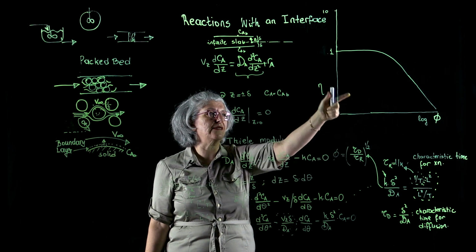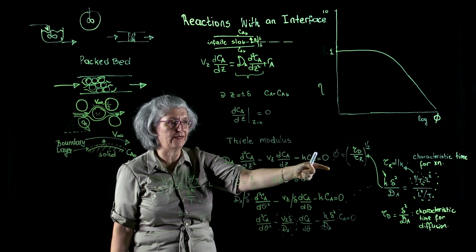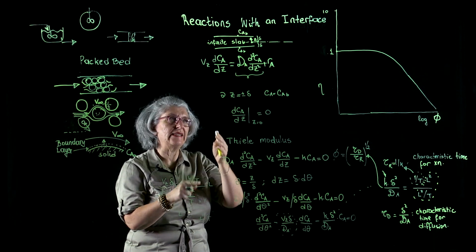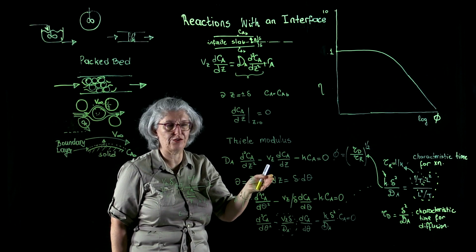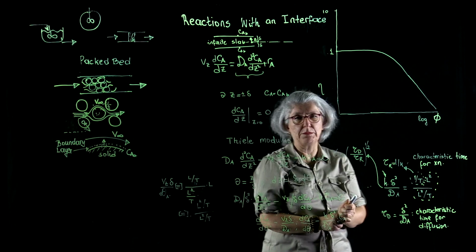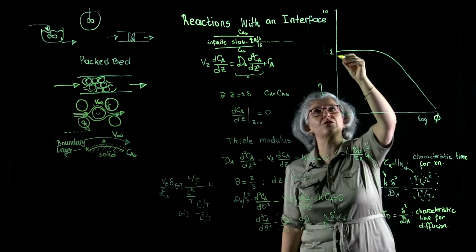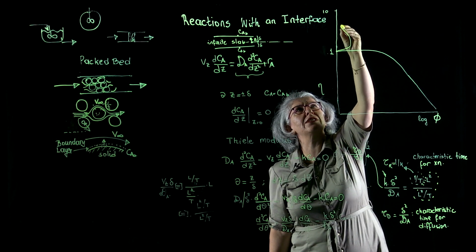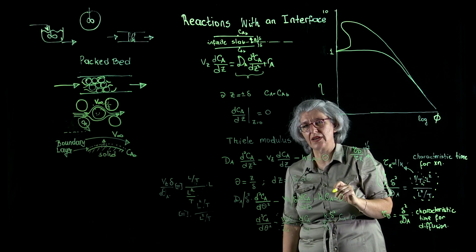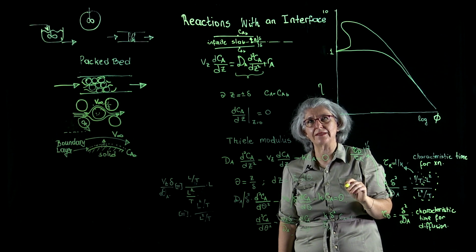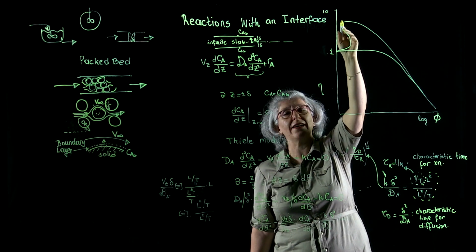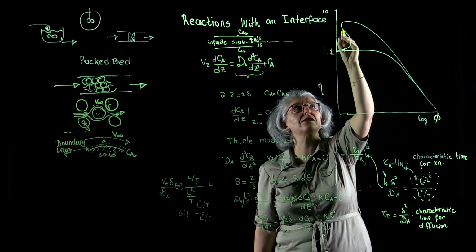So this effectiveness factor behaving between 0 and 1 is valid only for isothermal situations. Effectiveness factor decreases with temperature, of course, or if the temperature decreases. But when we have problems of heat transfer in the catalyst domain, we might have situations that give very strange results, that our effectiveness factor exhibits multiplicities, that we have multiple values of effectiveness factors for the same Thiele parameter, 1, 2, 3.